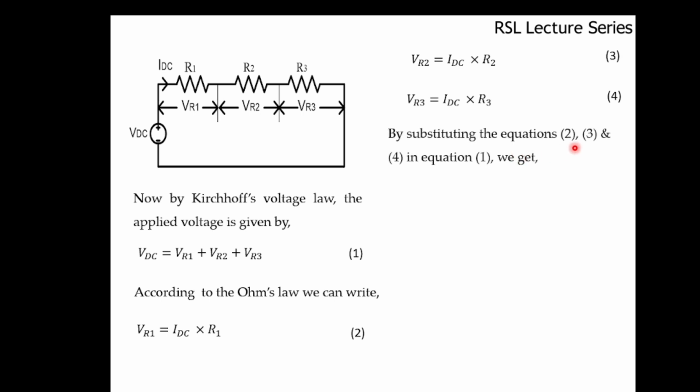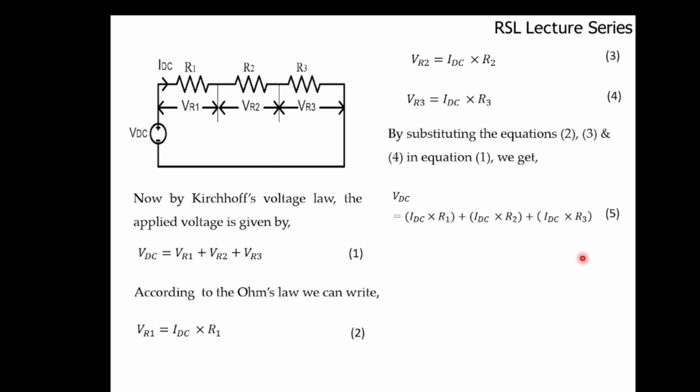Next we'll substitute equations 2, 3 and 4 in equation 1. We'll get VDC is equal to IDC into R1. In place of VR1 we are substituting IDC into R1, in place of VR2 we are substituting IDC into R2, and similarly in place of VR3 we are substituting IDC into R3.